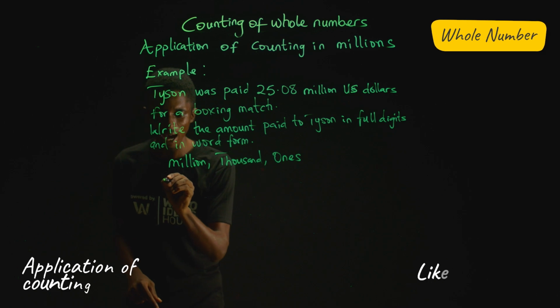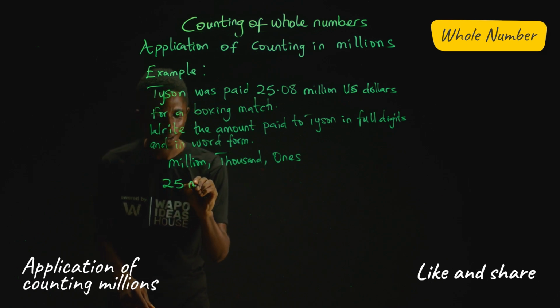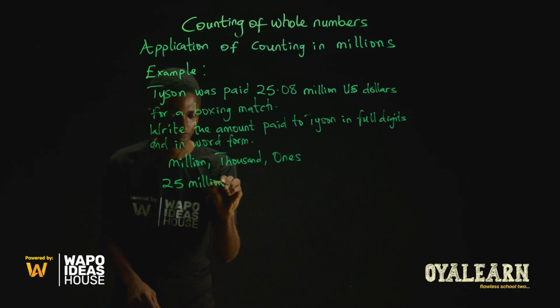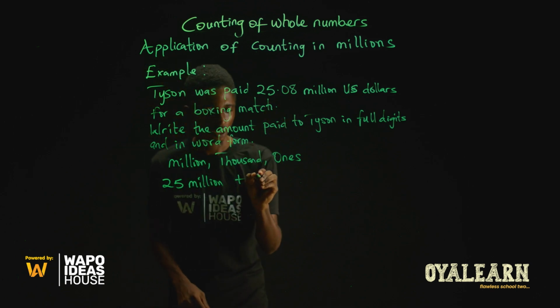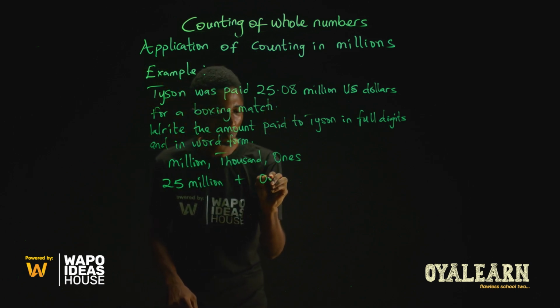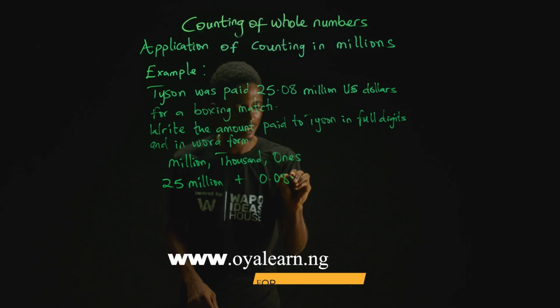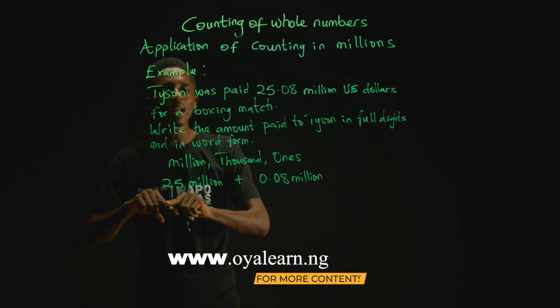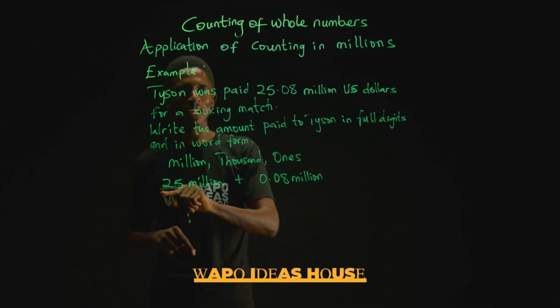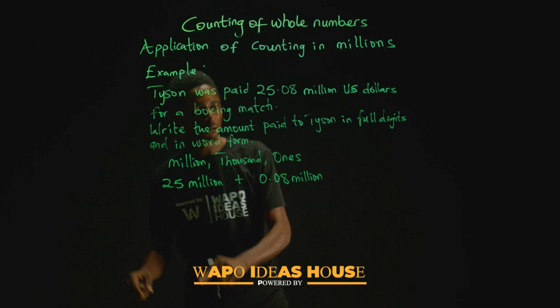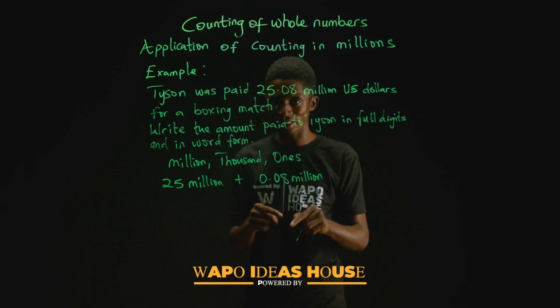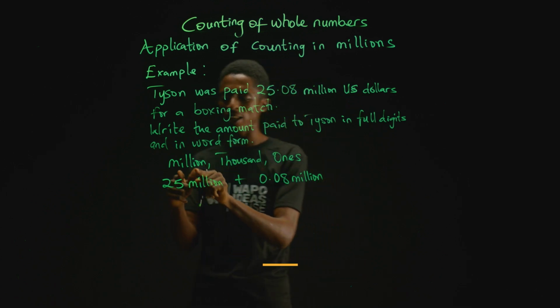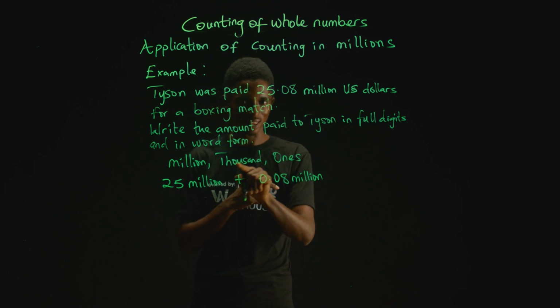What this means is that we have 25 million plus 0.08 million. So the one in the million category is the number 25. What follows is the 08, which is in the category after the million, that is the thousands.